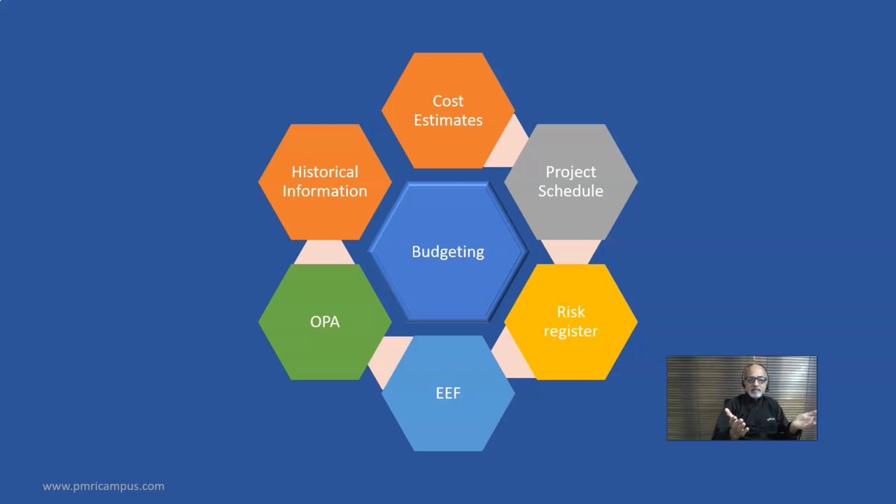So this is the general environment in which budgeting happens. Cost estimates, the project schedule is available to you, risk register is available to you. You have access to the enterprise environmental factors and organizational process assets and the historical information while doing the project's budgeting.